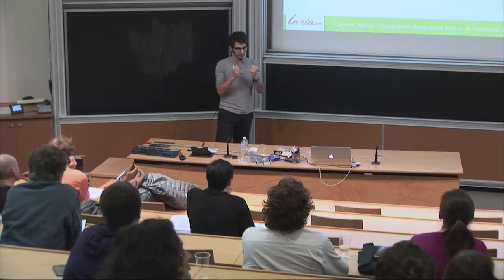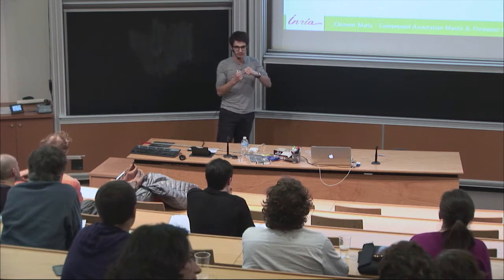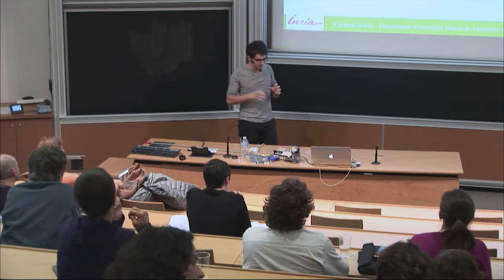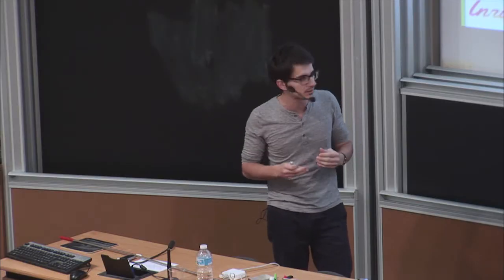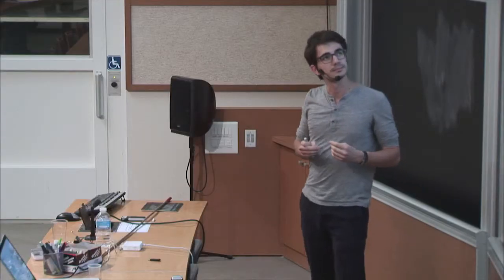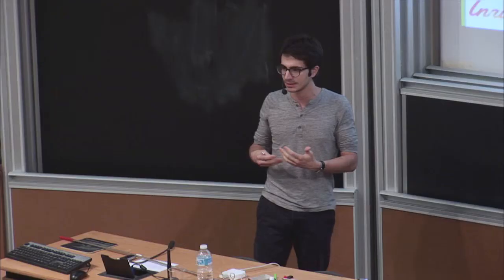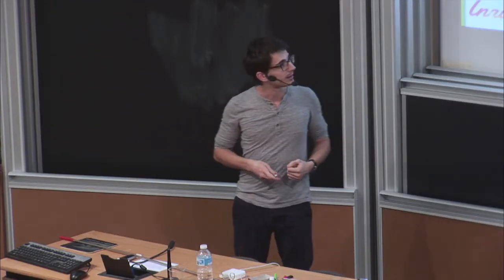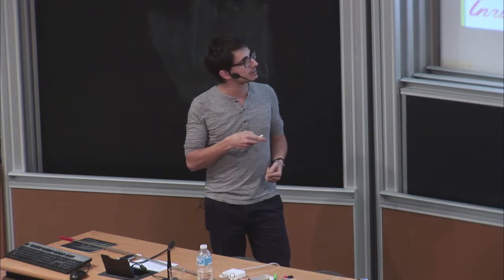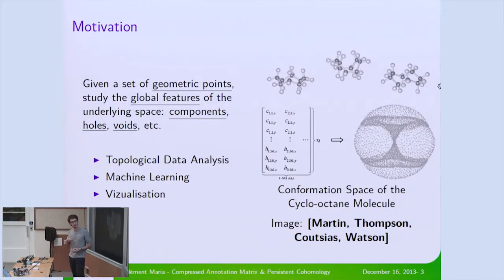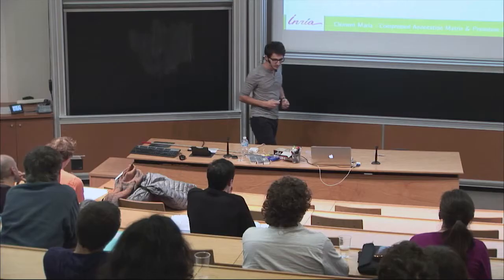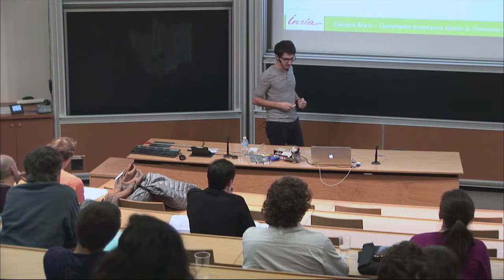Then you can twist it and modify the shape with a few degrees of freedom, and then you get a shape in dimension 24. If you project it in 3D, you get this kind of weird object, which has a very interesting topology. I will come back to this example later.